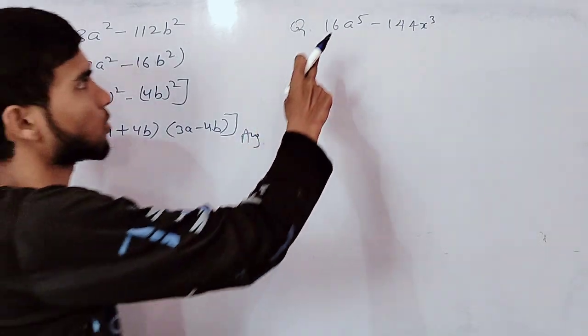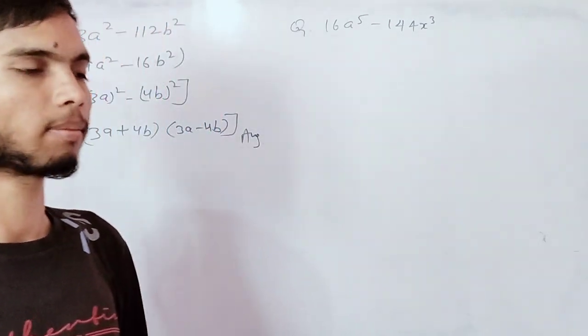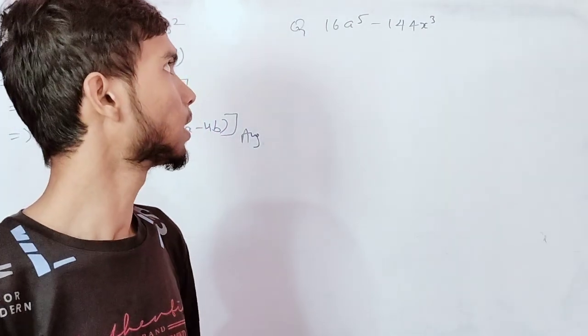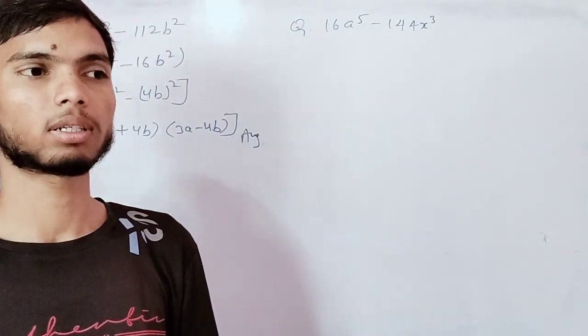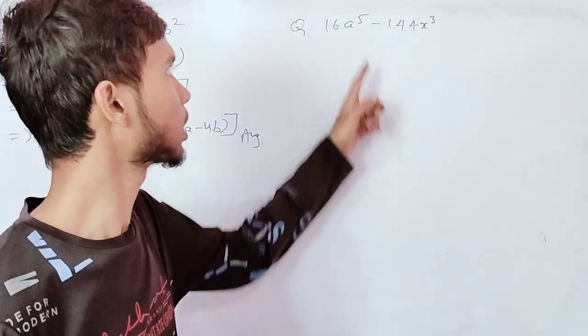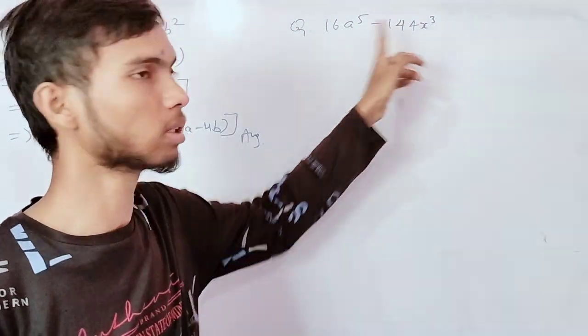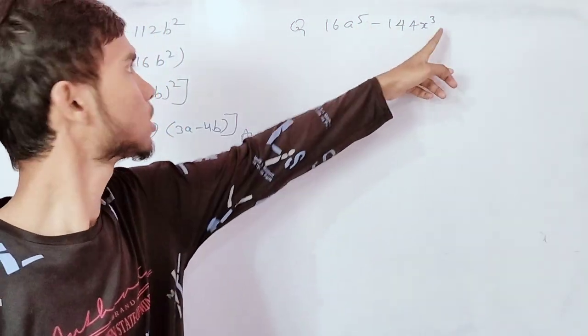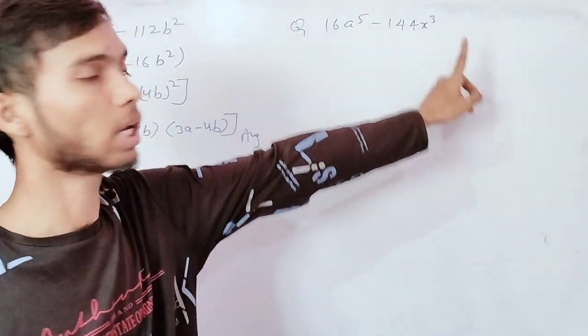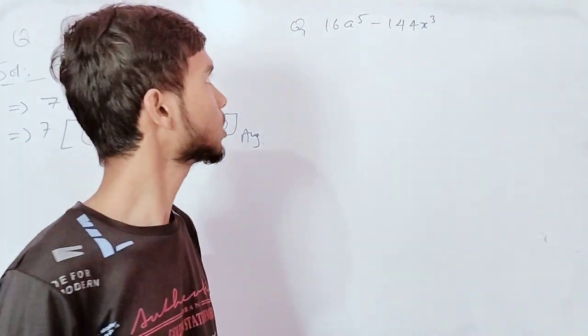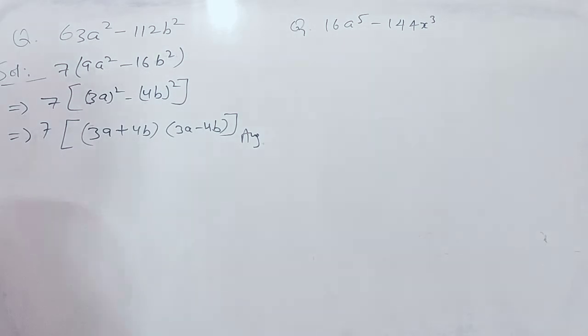Now in this case 16 is a perfect square of 4, 144 is a perfect square of 12. But here you can see the powers are not equal. Here is x to the power 5 and it is x cube. What is happening?